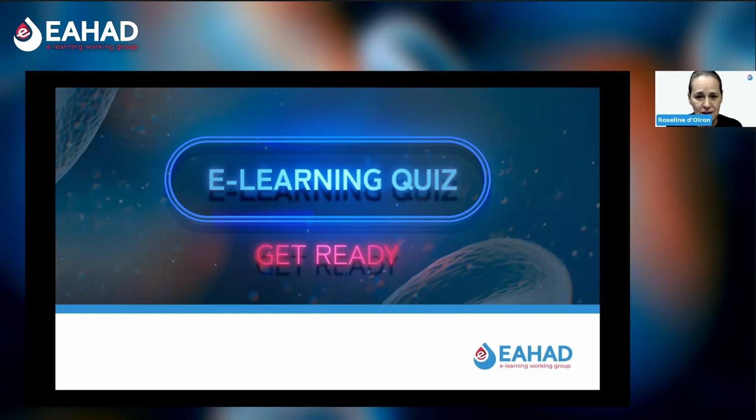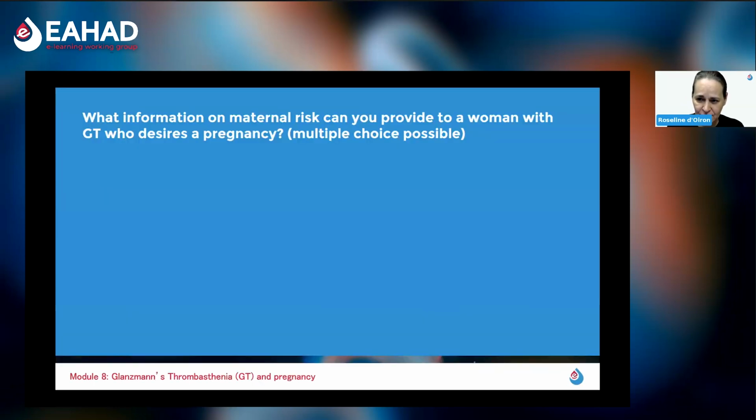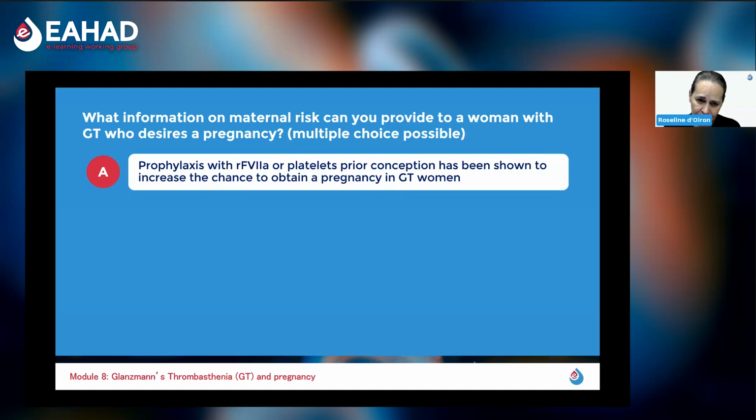And I propose this first question for a quiz. What information on maternal risk can you provide to a woman with Glanzmann Thrombasthenia who desires a pregnancy? And you have multiple choices here. A, prophylaxis with 7A or platelets prior to conception has been shown to increase the chance of obtaining a pregnancy in GT women.